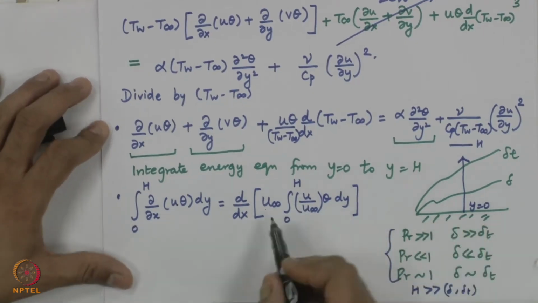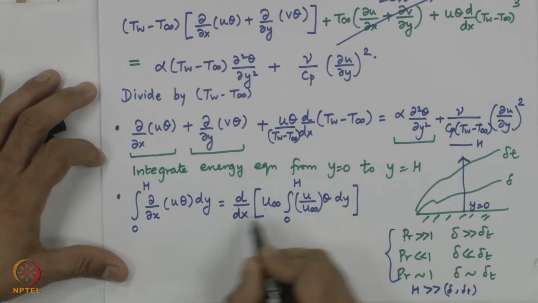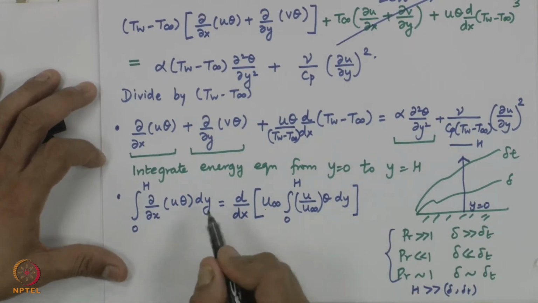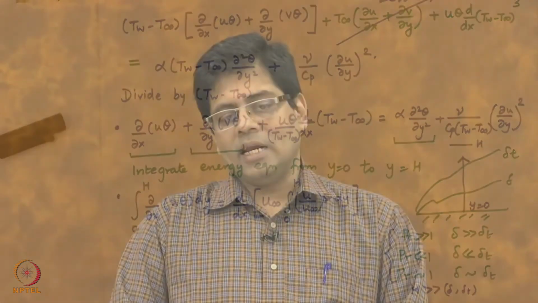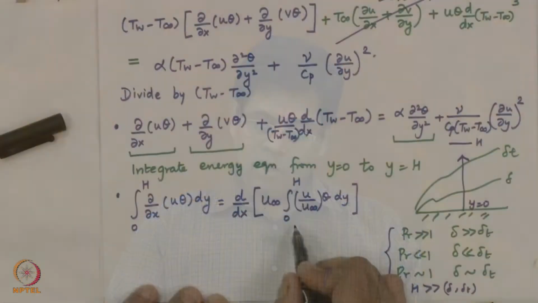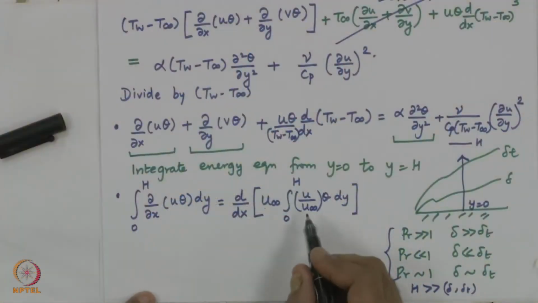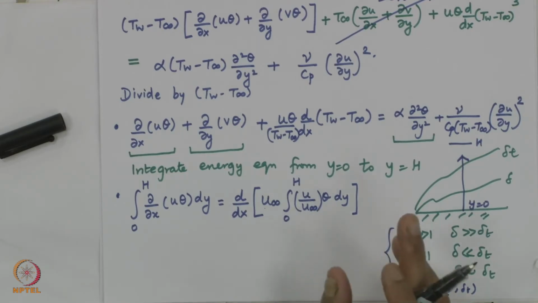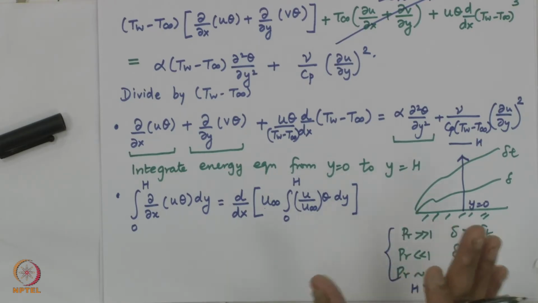Why? After I integrate this, the first rule is that integration and differentiation I can change the order. Second, when I integrate something with respect to y and supply the limits 0 and h, or y1 and y2, the y dependency is completely lost.